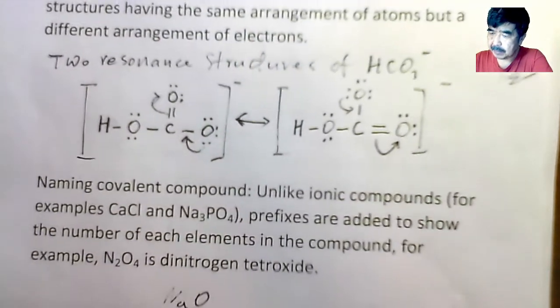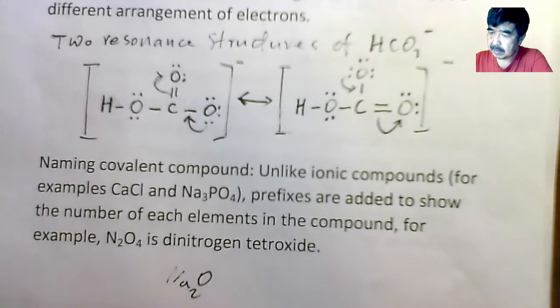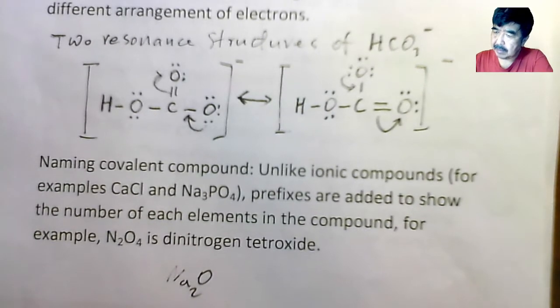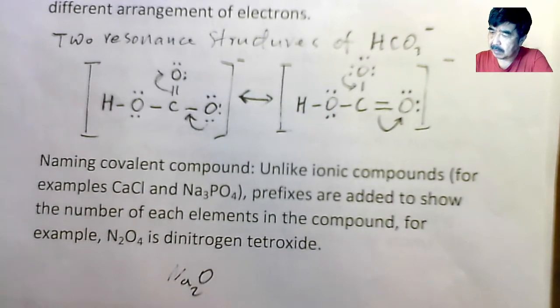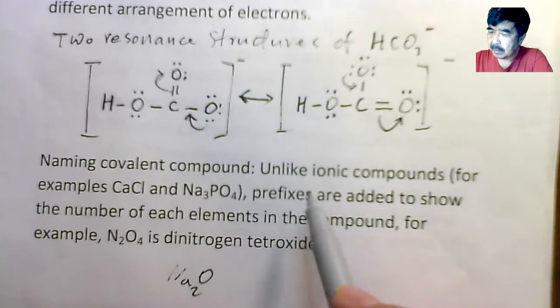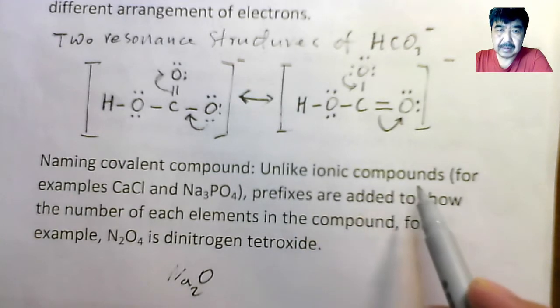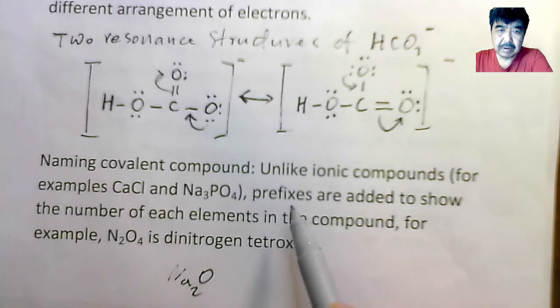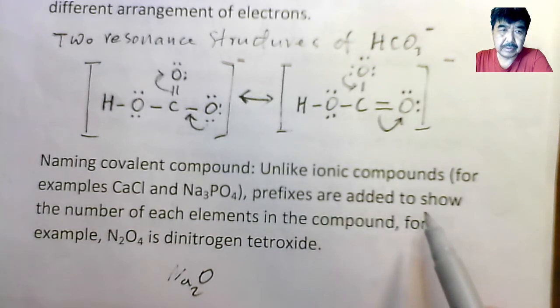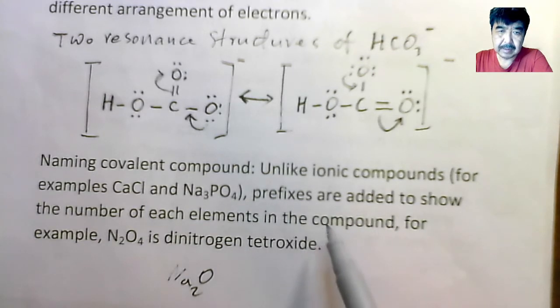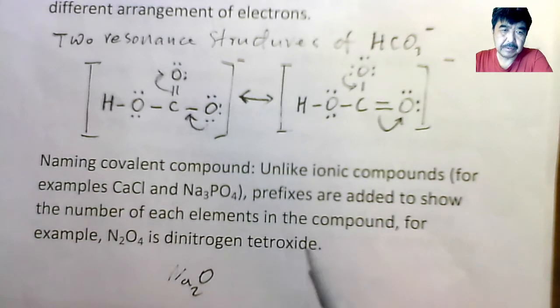So the last thing, let's take a look at naming covalent compounds. Unlike ionic compounds, prefixes are added to show the number of each element in a covalent compound. For example, this nitrogen oxide is a covalent compound.